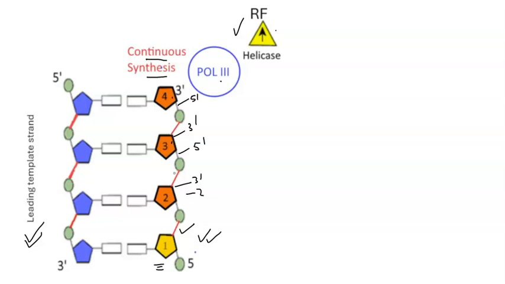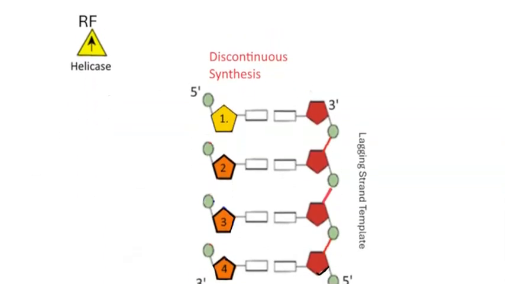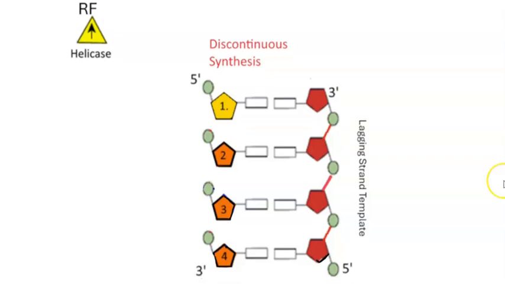But let's look at the lagging strand. Because the enzyme cannot attach the first and second nucleotides together, instead we have to add the RNA primers higher up the lagging strand towards the replication fork. And the polymerase will actually initiate its action in this location here.